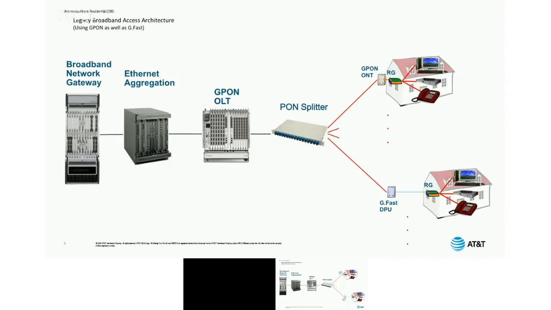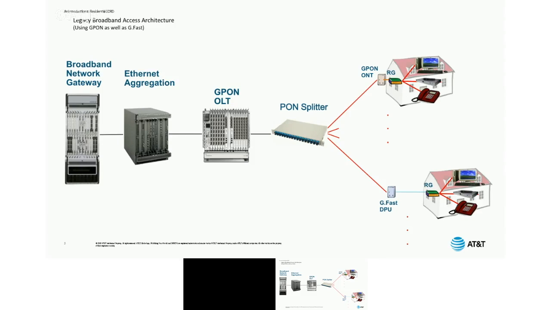What we're going to do is look at a typical broadband access network, in this case a GPON network, and look at all of the boxes from end to end in that environment. If you look at the chart, and we start at the left, there's the famous broadband network gateway. This is what does subscriber management and routing. You heard Larry talk to it a little bit. Ethernet aggregation happens in the access. There is a specific PHY that's put into a GPON optical line termination device.